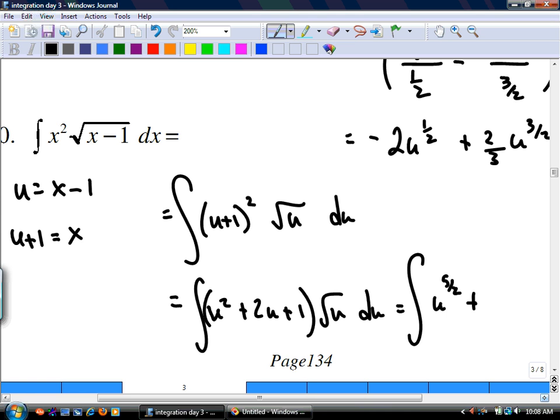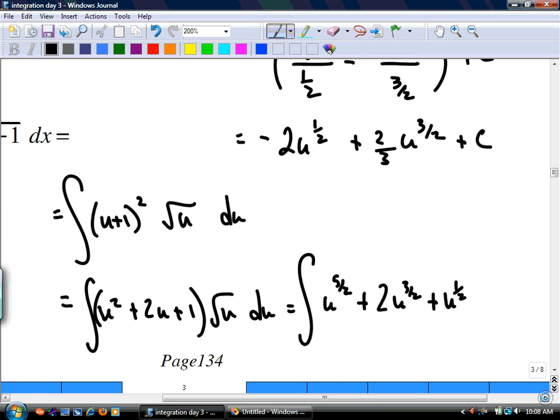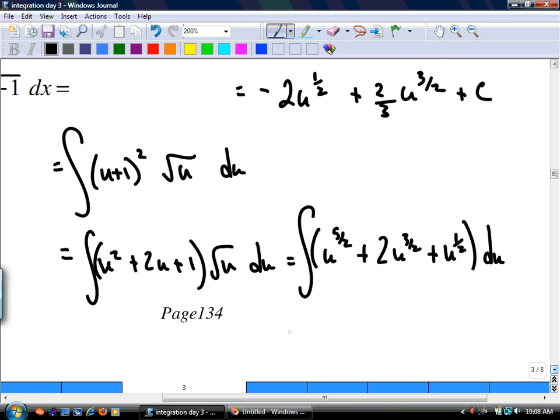One whole plus a half is 3/2. Then you take the antiderivative of that and you're finished.